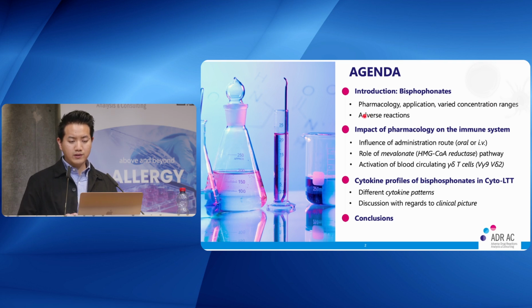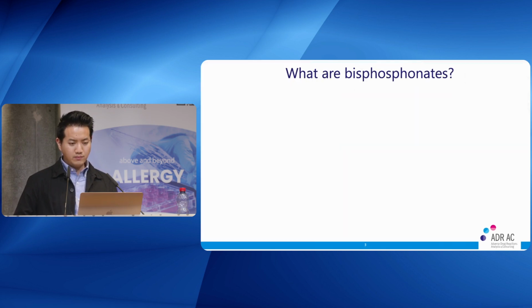Then, of course, we focus more on the adverse reactions, and then understanding how the pharmacology of the drug influences the immune system, and then showing you results from the lab and coming to a conclusion.